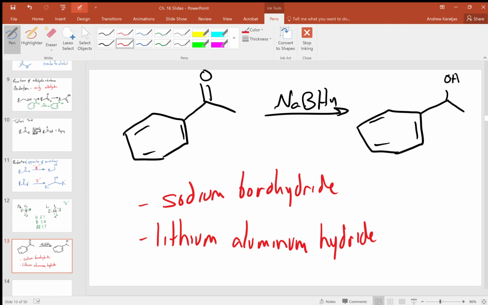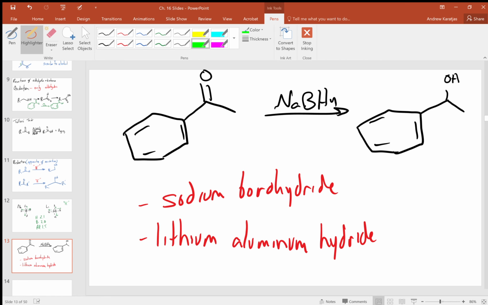Both of them have very, very similar behavior when they're reacting with aldehydes and ketones. Now, in the next chapter, when we talk about reductions of things like carboxylic acids and esters and amides, in that case, yes, it matters, and it actually matters quite a bit which one you use. But for aldehydes and ketones, you can use either one.